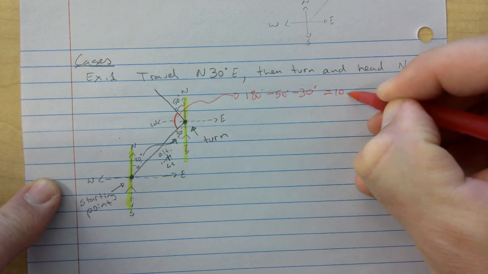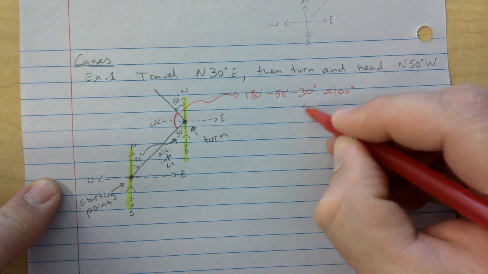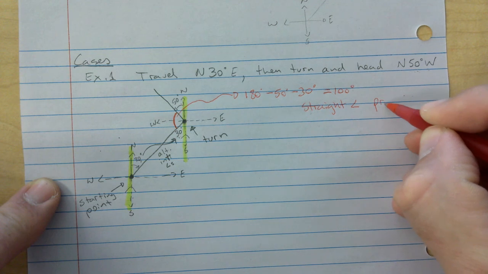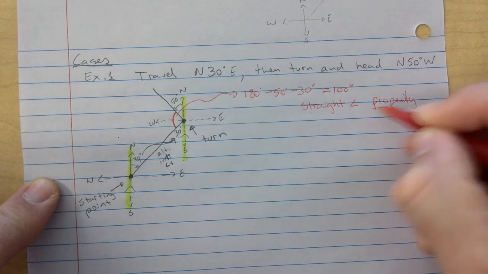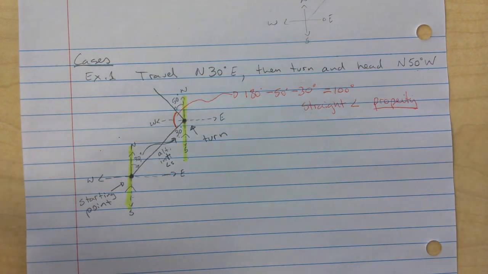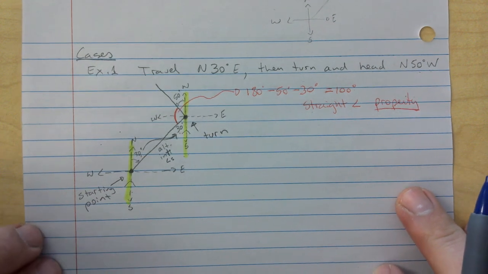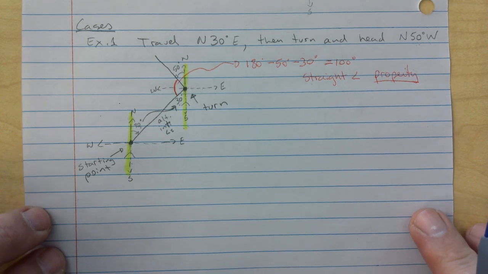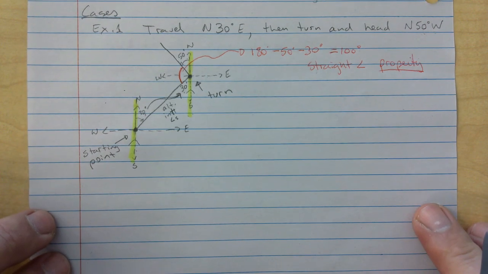So that's 100 degrees and that's the straight angle property. That's one case. And today, I guess I'm just going to focus on the cases. And one more, okay, before we go.